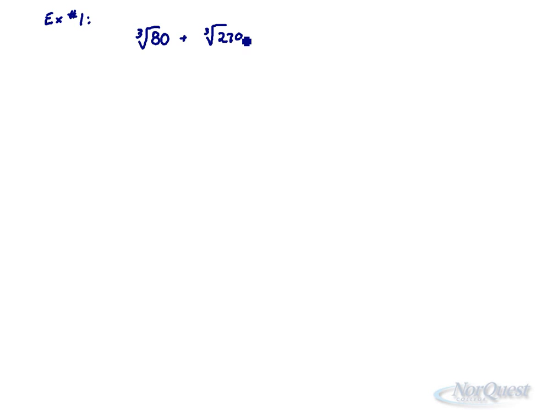Now remember, with cube roots, we are looking for a perfect cube. Well, when I look at 80, I know there's a perfect cube of 8 in there. So cube root 8 times cube root 10 could be how cube root 80 simplifies. Plus 270, well, it's got a 27 in there.